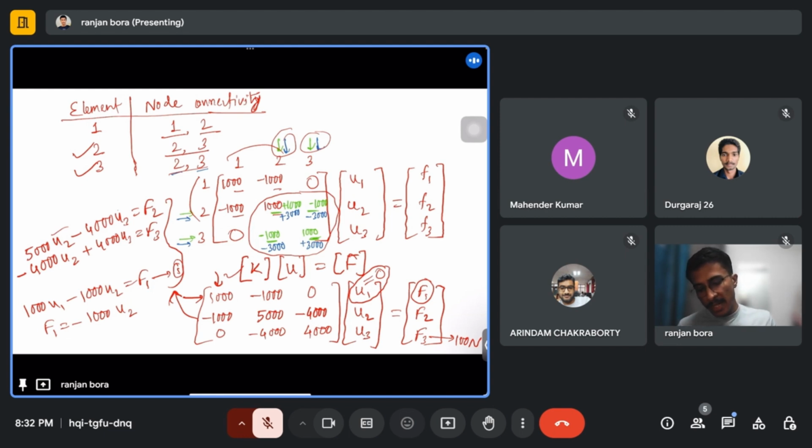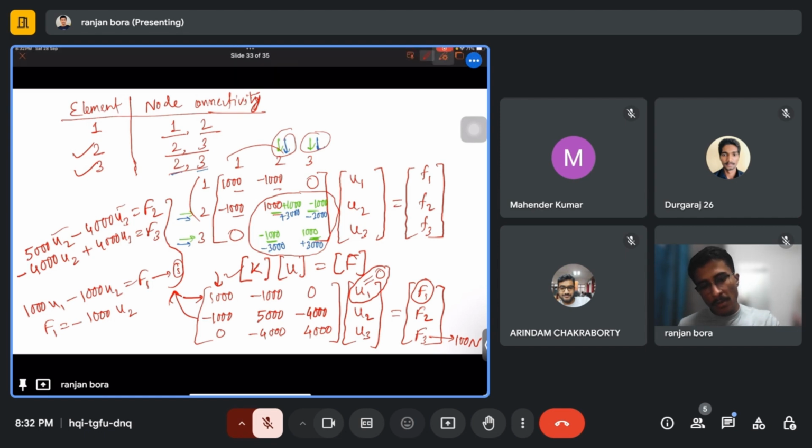We have found these three equations from this matrix. This was equation 1, equation 2, and equation 3. Is this understood?